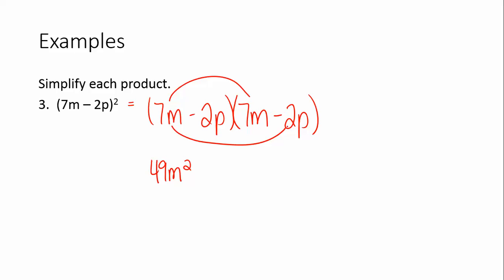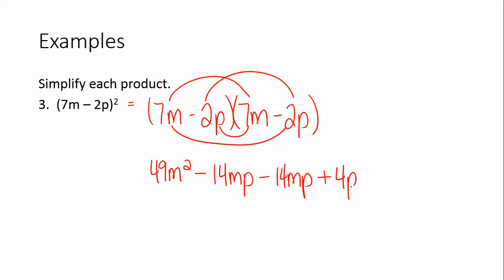And notice this one is a negative 2p, so it should be a negative 14mp. And typically when we write more than one variable, we do write them in alphabetical order. Our inside term, the negative 2p times 7m, should give us another minus 14mp. And when we multiply the last two terms together, negative 2p times negative 2p is a positive 4p squared. Again, multiplying coefficients and adding exponents.